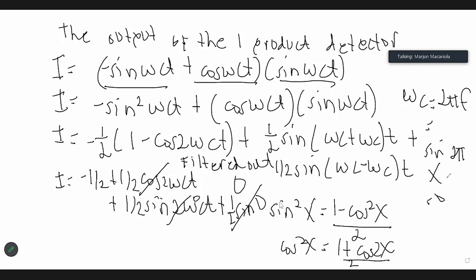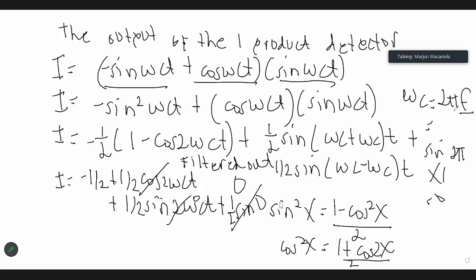So even if we put any value of frequency there, 1, 2, 3, up to 1,000, that is always 0.